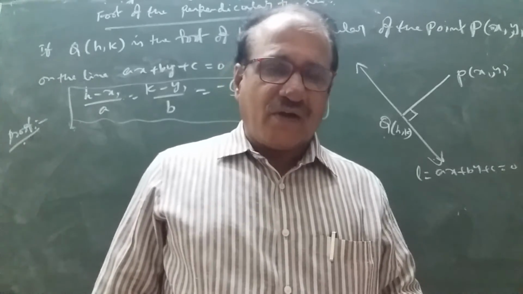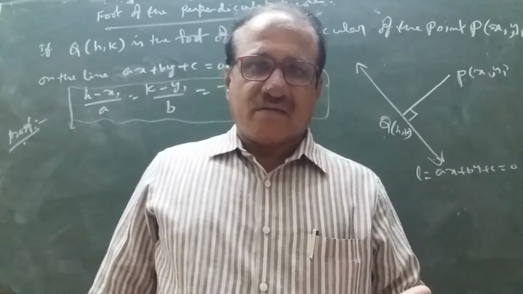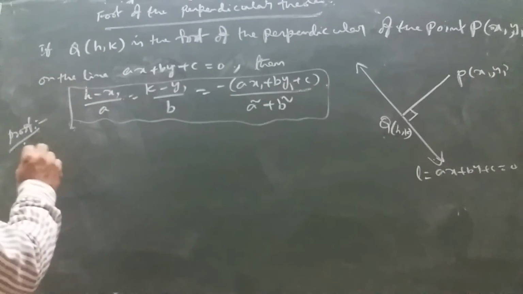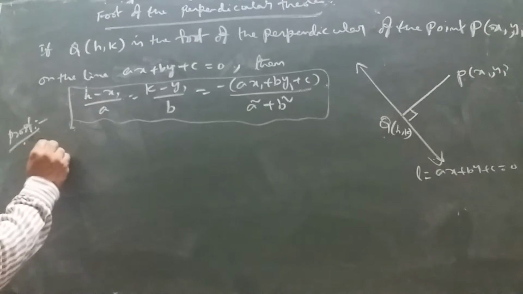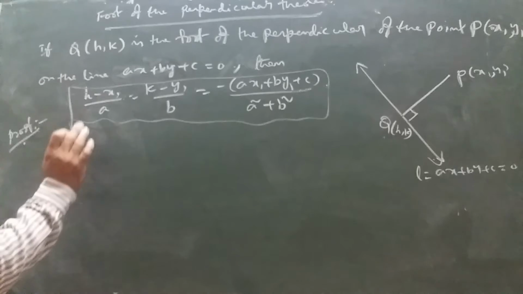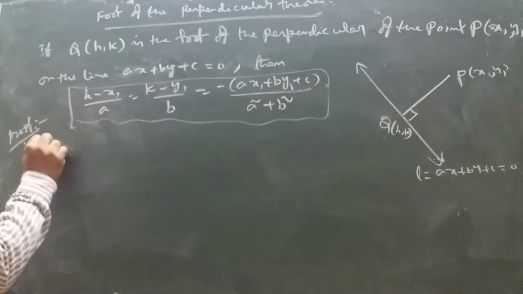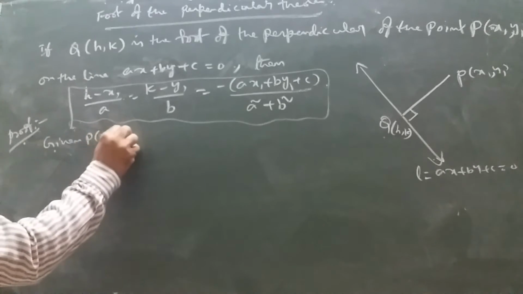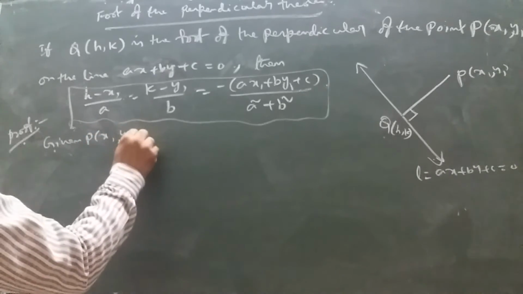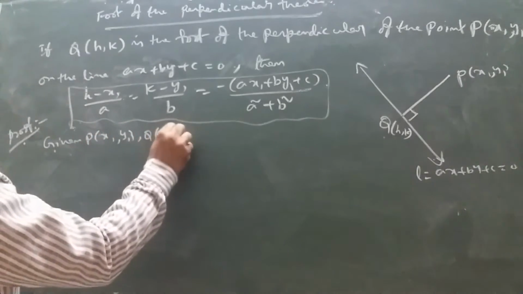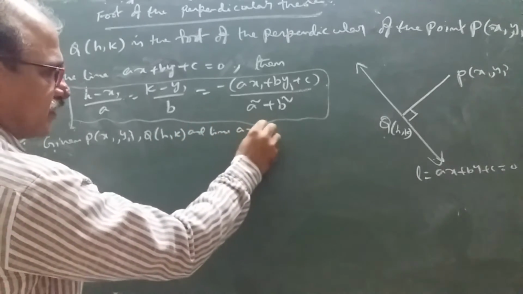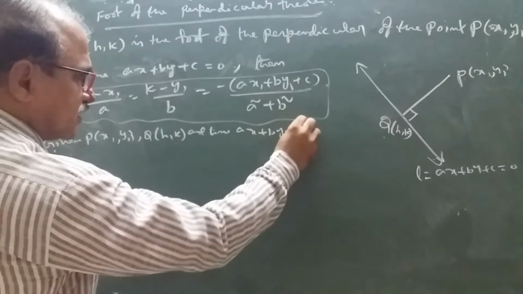Now we have to utilize that concept. We have the points P(x1, y1), Q(h, k) and the line ax + by + c = 0.